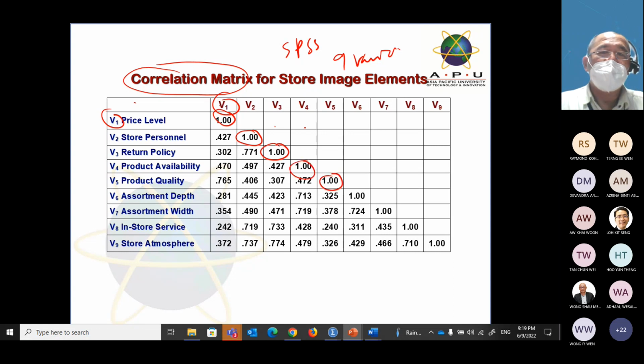Why does this matrix only show the lower triangle, not the upper? Because the upper would show the same values. For example, let's say 1 and 4 is 0.47. The correlation between 1 and 4 is equal to the correlation between 4 and 1.